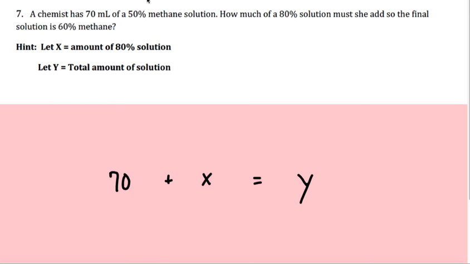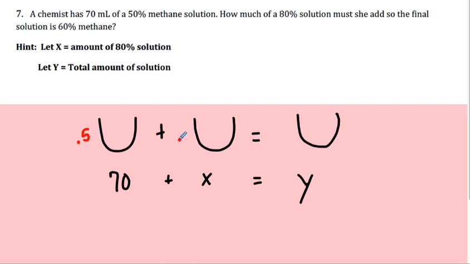It's a mixture problem, so that one relates to the total amount. The other one has to relate to the acid. So again, I'm going to make a picture of this to help me. The 70 mLs was 50% solution, so I'm going to write that as 0.5 on the side. The X that I'm adding was the 80% solution, so that's 0.8, and the final solution I wanted to be 0.6.